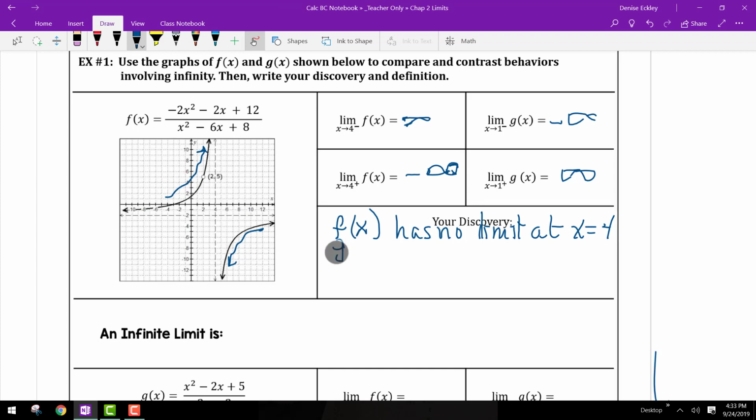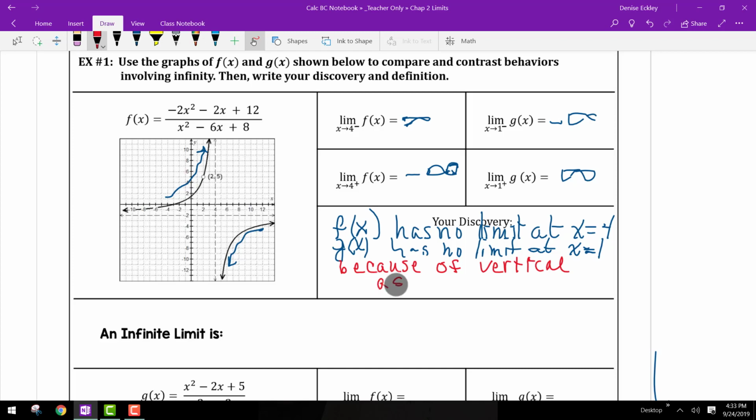And g of x has no limit at x equals 1. The reason is that they both have a vertical asymptote. That's where we have an infinite limit.